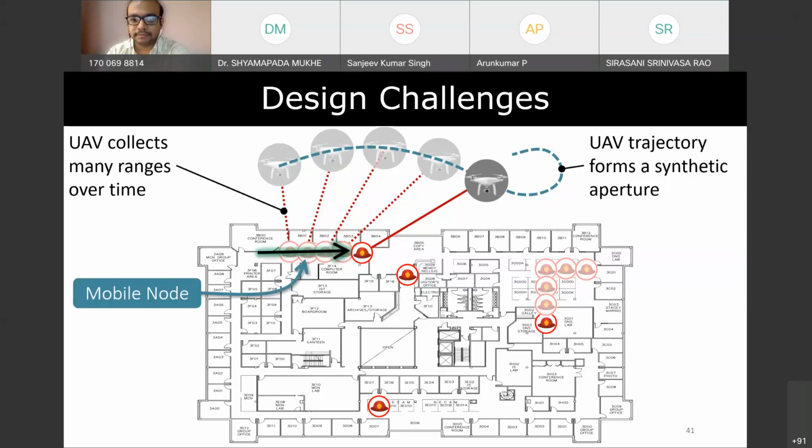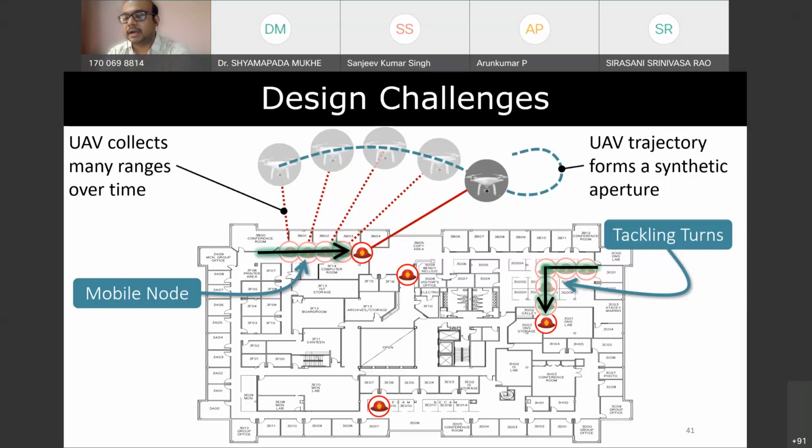So for a mobile node, we cannot solve for the location like this, because all the values of x that we are solving for are changing over time. So you will get an erroneous solution. Another challenge is that people can take turns.